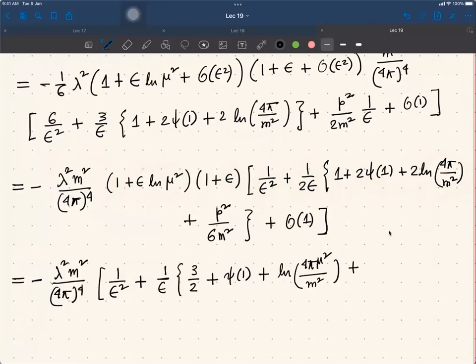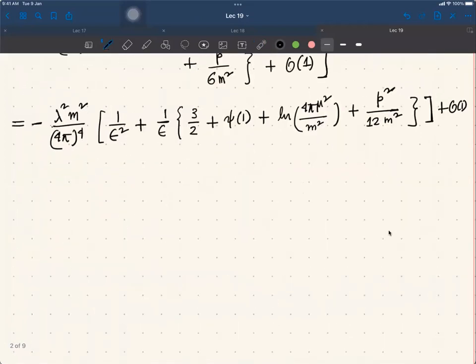And this p square term, p square over 12 m square, plus order 1. So that's the final result for the sunset diagram.